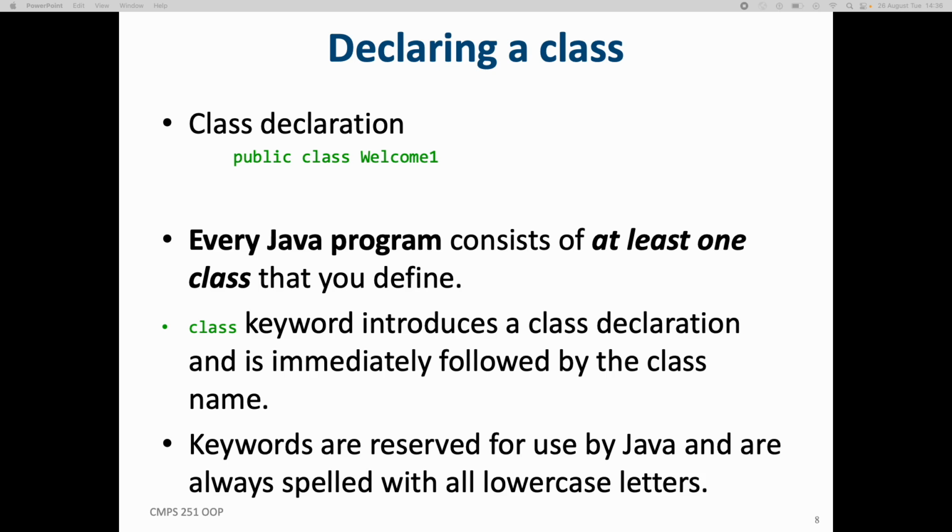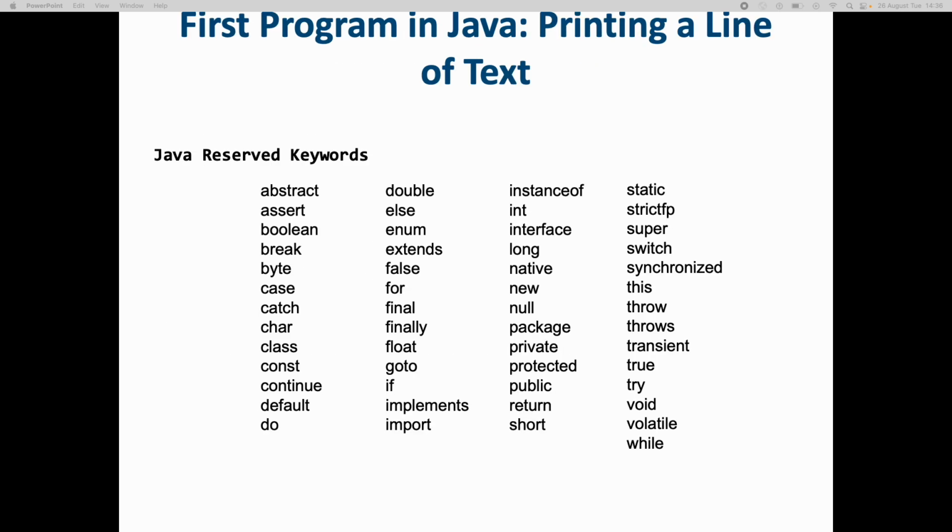It is only used to define classes. Of course, there are many reserved words, keywords that you should be aware of. We'll not go over them, but like abstract, boolean, break, byte, catch, try, and so on. We cannot use these reserved words, as in Python, which has its own reserved words, and Java has its own reserved words.